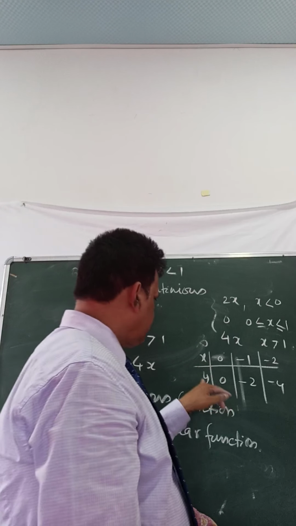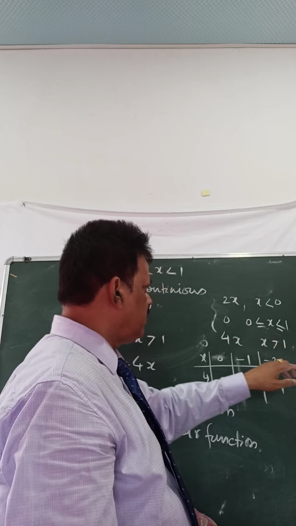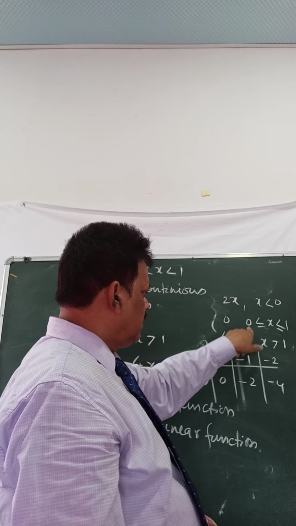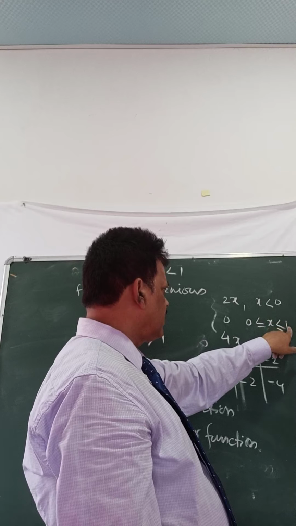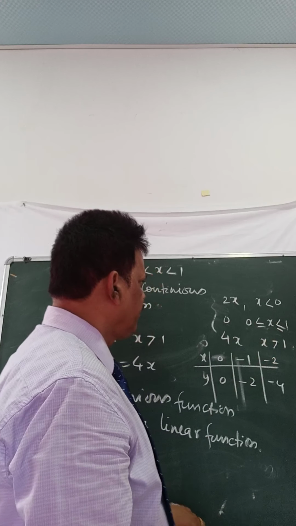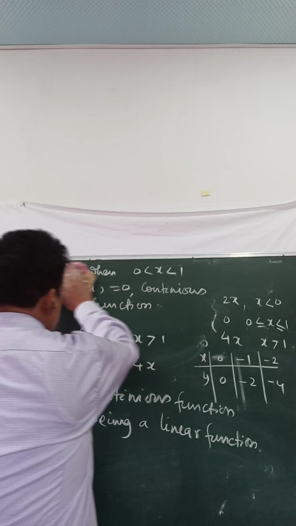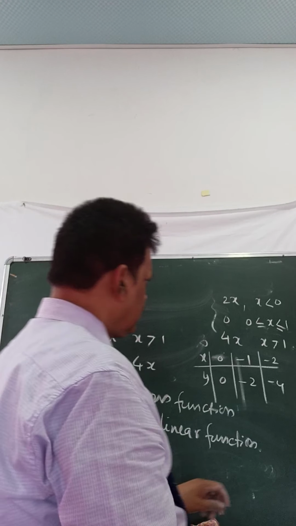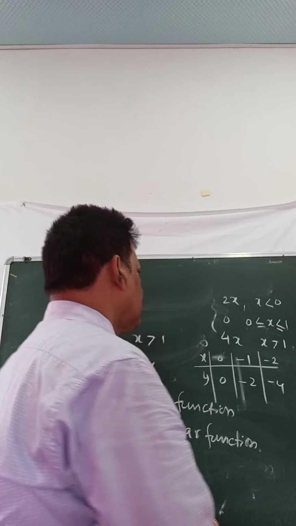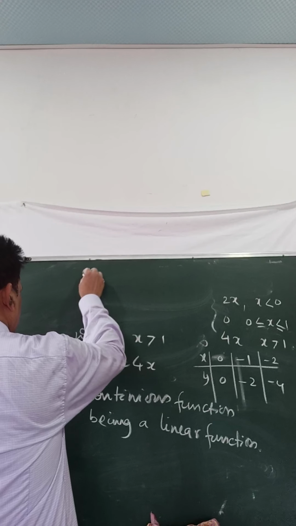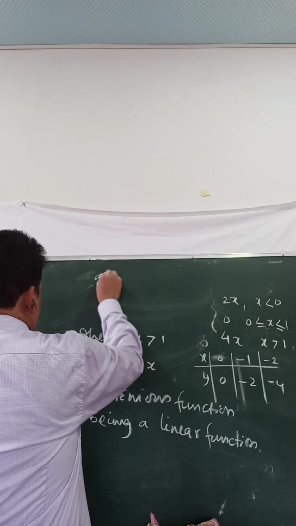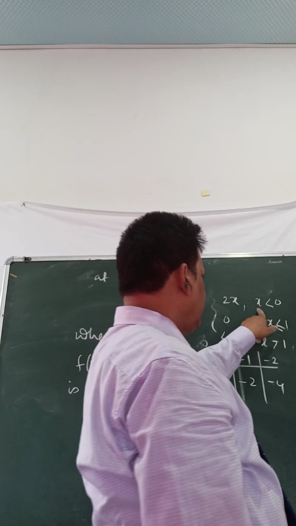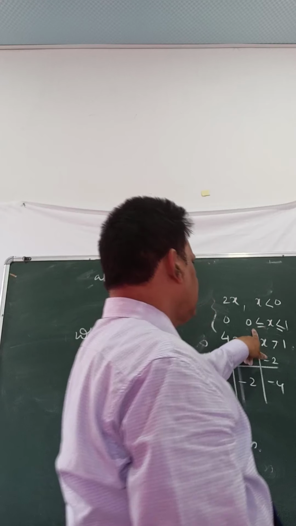So we talked about intervals. Now we'll talk about points. What is the point? Now the left hand and right hand of 0, and the left hand and right hand of 1. Okay, what will we talk about? When x equals 0, 0 has both a left hand limit and a right hand limit.